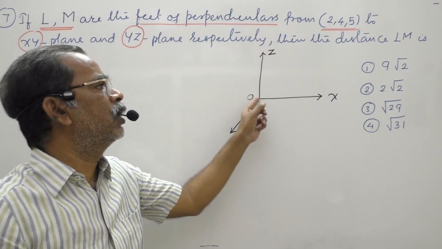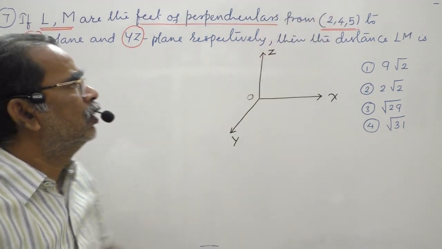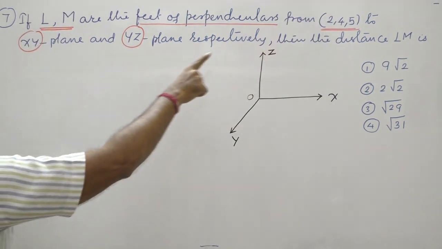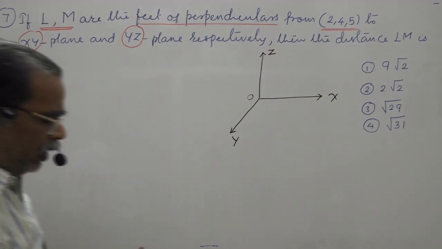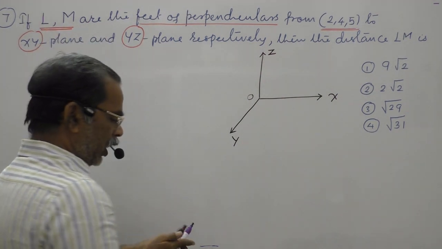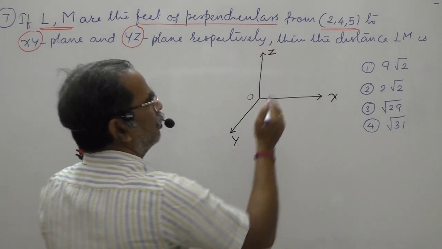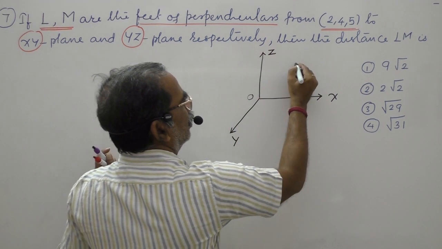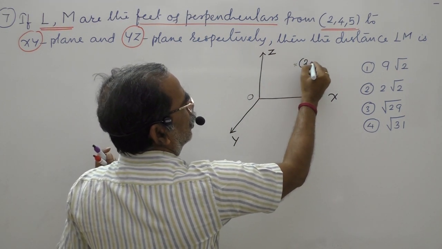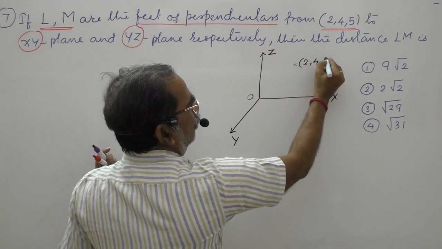That means the point will lie in space. Foot of perpendicular from that point to the XY plane is given as L. So L is the foot of perpendicular. You see now, the point is in space. Say this is the given point (2, 4, 5).